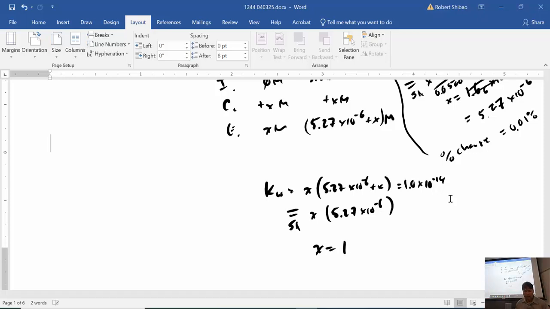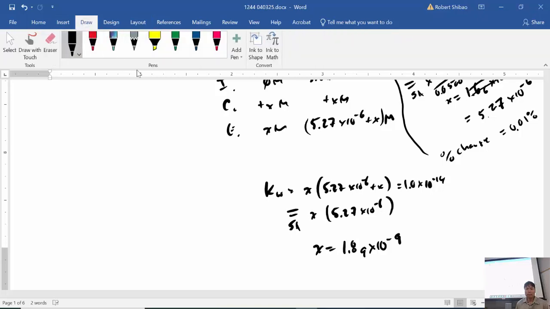And I get 1.89 times 10 to the minus 9. So it's significant over here. We need to do it because compared to 0. So we're going to have 1.89 times 10 to the minus 9 molar hydronium.